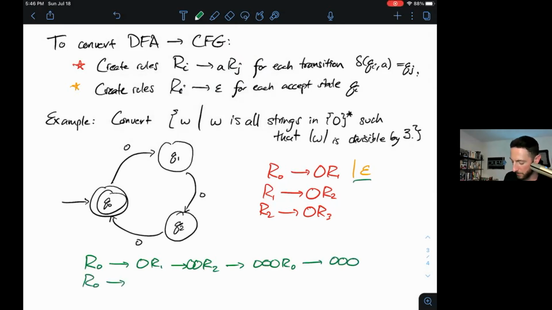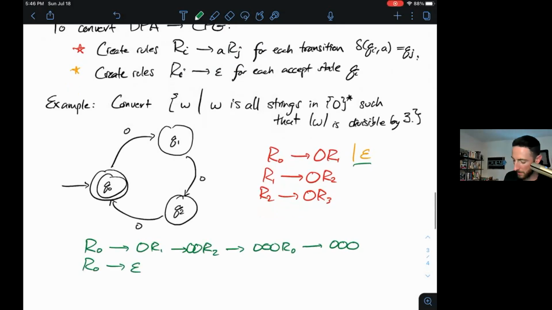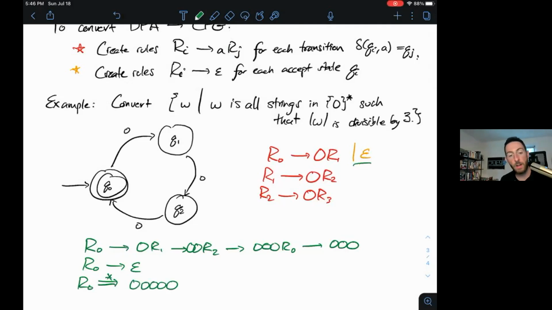Similarly, I can use my second rule to go from R0 to the empty string immediately. Or from R0, I can derive 6 zeros by effectively going around this loop twice and then convert R0 to the empty string.